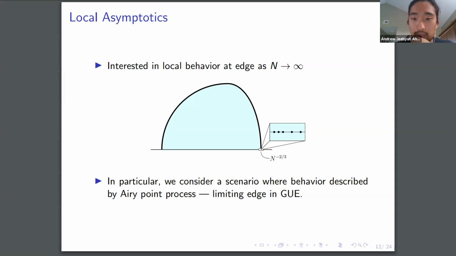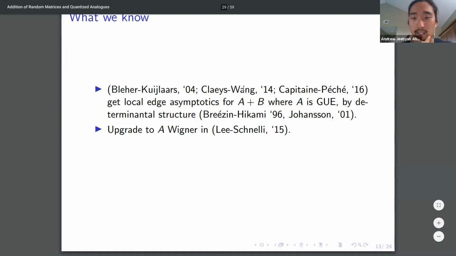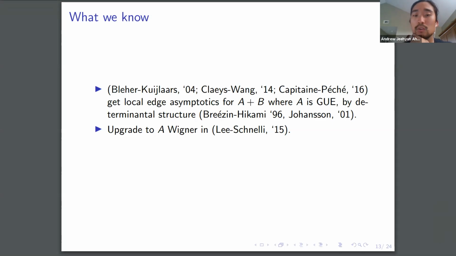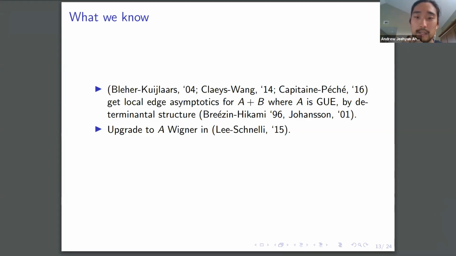Okay, so let me just say a couple words about known results in this direction. Here's a non-exhaustive list of some authors that were able to obtain local edge asymptotics for additive random matrix models where one of the summands was a GUE matrix. The reason they were able to access these asymptotics was that in the case where you have a sum A plus B, where A is GUE, the eigenvalues of this matrix have a determinantal structure.